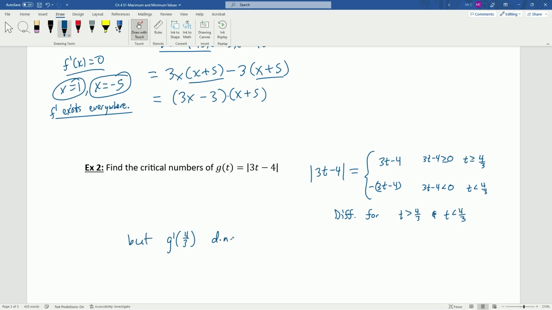And we've shown before that the derivative of an absolute value doesn't exist when the absolute value is 0. So that's what we're saying here, right? This absolute value, you get 0 for 4/3, and we know that the derivative of the absolute value doesn't exist at its 0. So this doesn't exist, so t equal to 4/3 is the critical number.